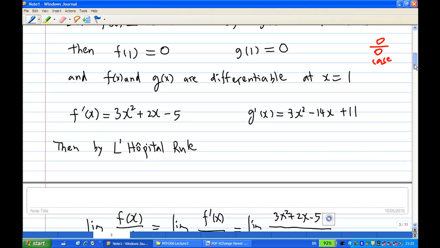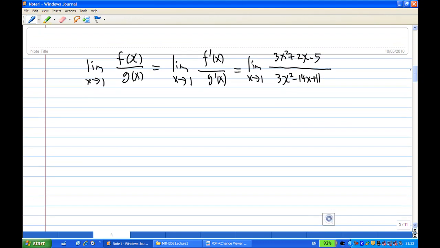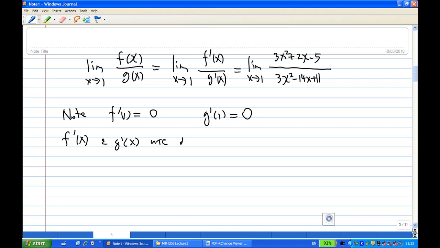Now notice that this is again a 0 over 0 case, because f prime of 1 is equal to 3 plus 2 minus 5, which is 0, and g prime of 1 is equal to 3 minus 14 plus 11, also 0. And we know that f prime of x and g prime of x are differentiable on the open interval from minus infinity to infinity.